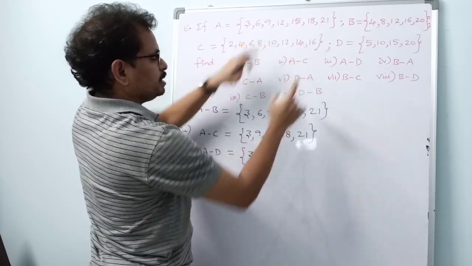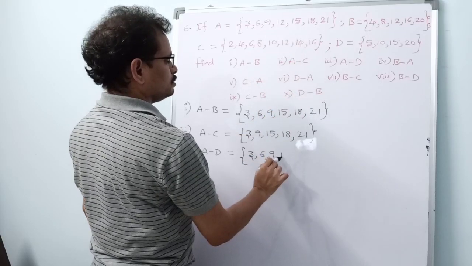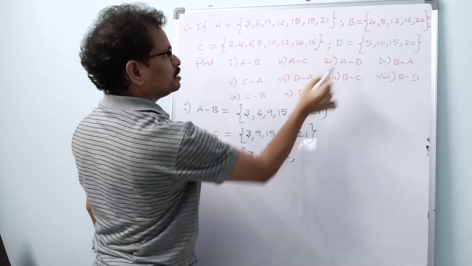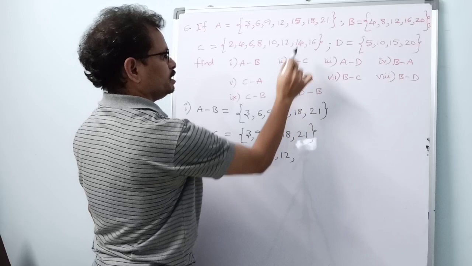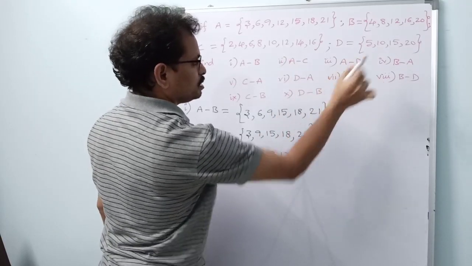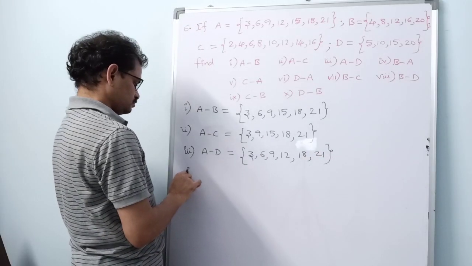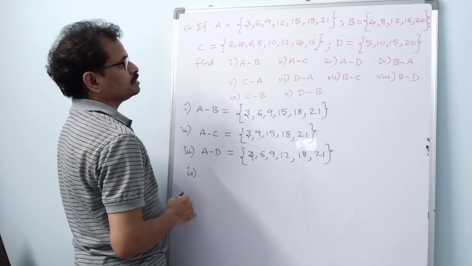Here 9, there it is not. Write 9. 12 here, there no. Write 12. 15 here, there 15 is also there, so don't write. 18 here, there it is not there, so write 18. 21 here, it is not there, so write down 21. Next, B minus A.